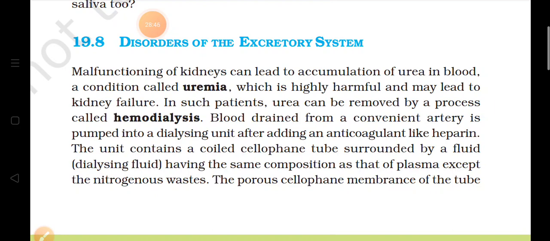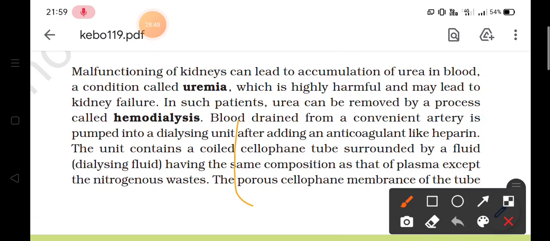So let us have a look at this. This is a dialyzer. These are the cellophane tubes. Now this blood is drained from the artery and flows through these cellophane tubes, and here is the dialyzing fluid.